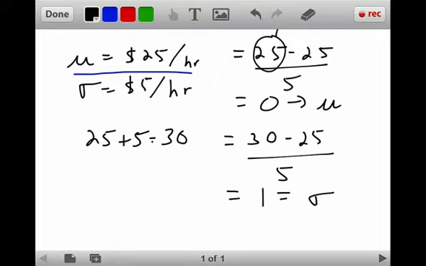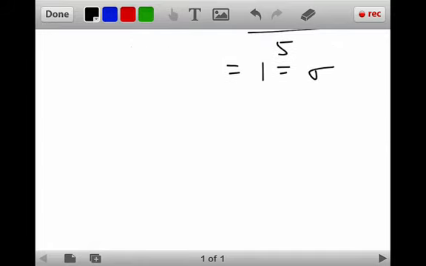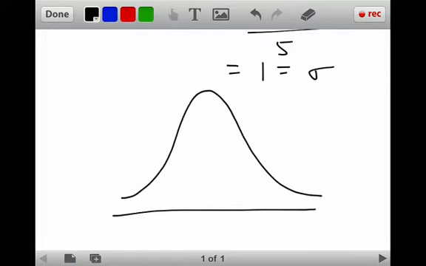That's really what a standardized normal distribution is. It's just taking the actual scores, the raw data, and transforming them with the z-score. Looking at the distribution here, all of a sudden, no more raw data. We have a mean of 0 and a standard deviation of 1.